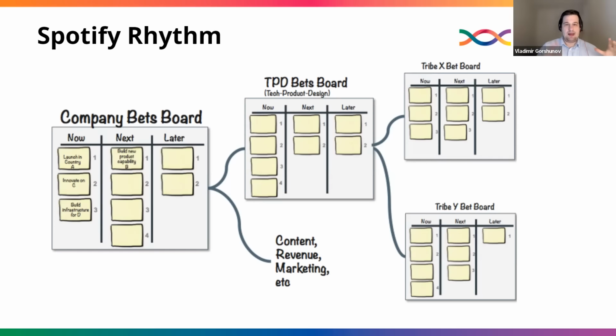company big bets are aligned with a tribe or agile release train's bets through cascaded Kanban boards. So you have something that you're doing now, something you want to do next, and something you're going to do later. Now and next, in most cases, are quarters or OKR cycles. As Andy mentioned, it can be annual, it can be 4 months, depending on what you're doing in your company.